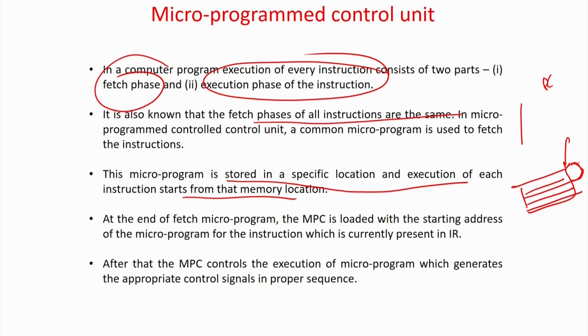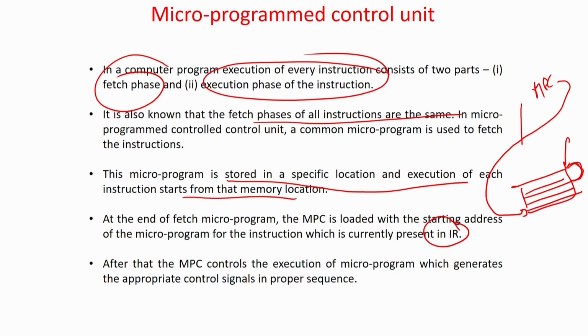Now the instruction decoder will have the instruction like add R1, R2, store or something, then it will decode and find out what instruction it corresponds to. Maybe it is a load instruction, then accordingly the microprogram counter will start pointing to the location in the microprogram which holds the first micro instruction corresponding to that particular instruction.